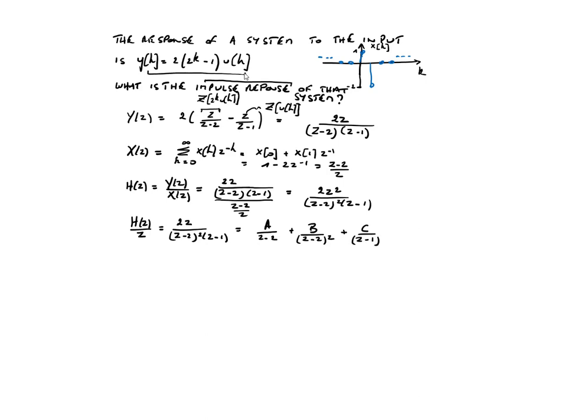We have a third order polynomial, so we need 3 constants. Okay, so b is kind of easy to obtain.